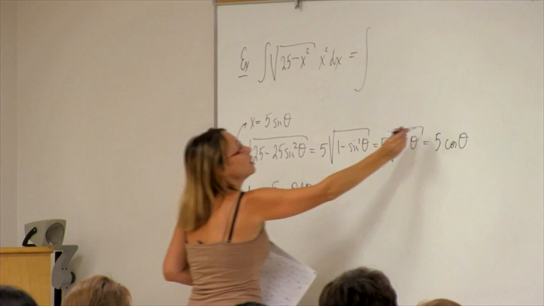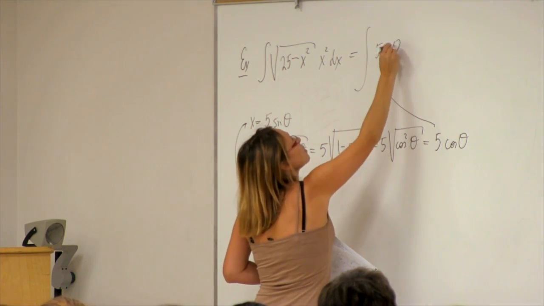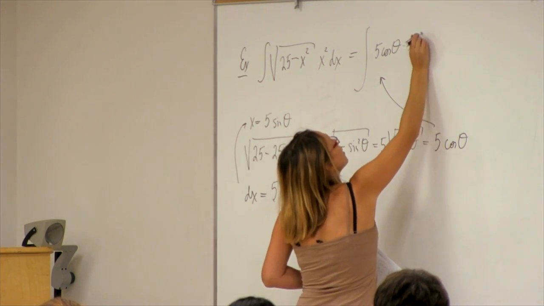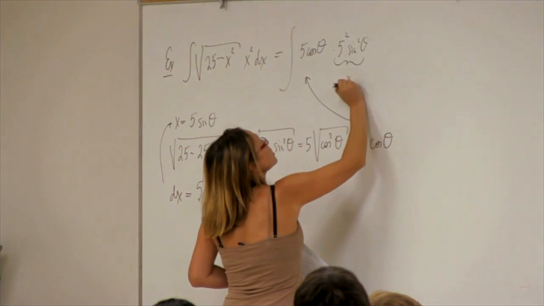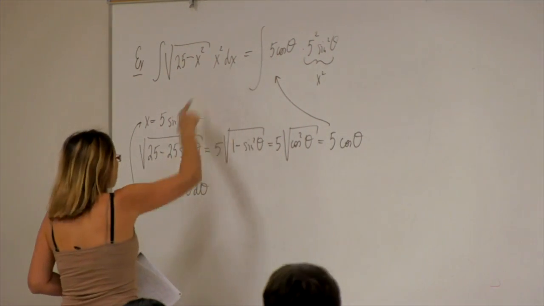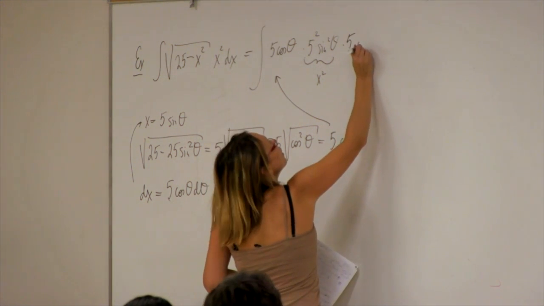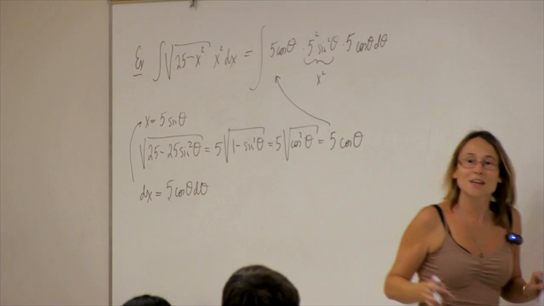So the square root comes from here, and it's just 5 cos theta. X squared is given by 5 squared sine squared theta. So this guy is just x squared. And for dx, I substitute this expression, 5 cos theta d theta. So everything is sines and cosines only.